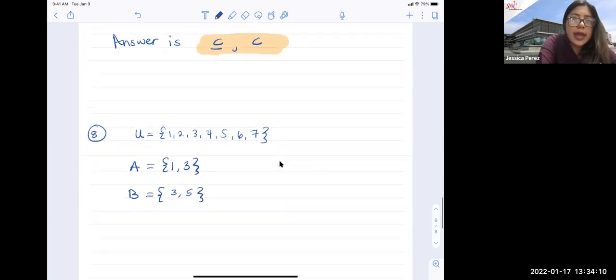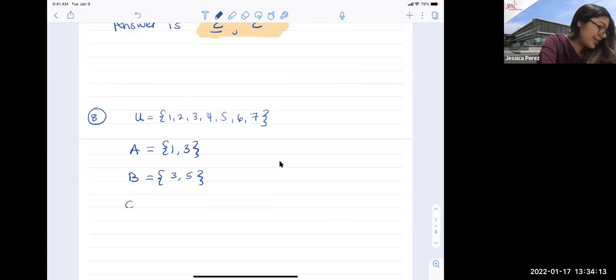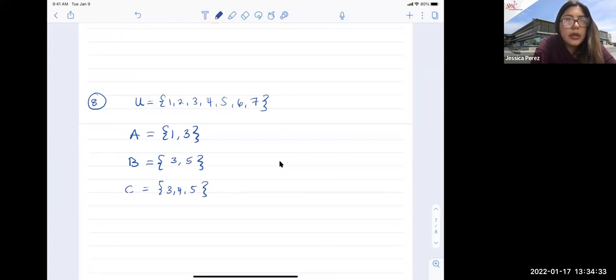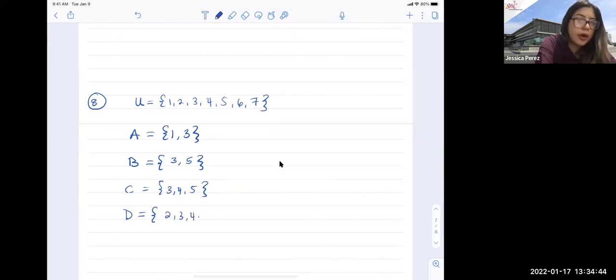And then let's say C is the set 3, 4, 5. Oops, 3, 4, 5. My pencil is not cooperating with me. 3, 4, 5. And then last one. And then let's say D is 1, 2, 3, 4, 5, and 6. Okay.